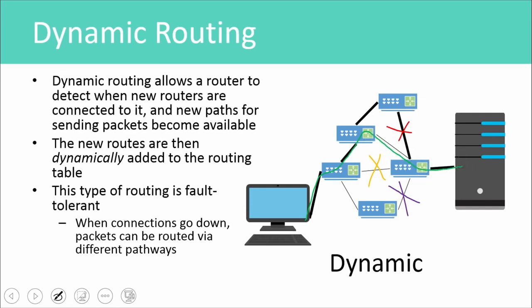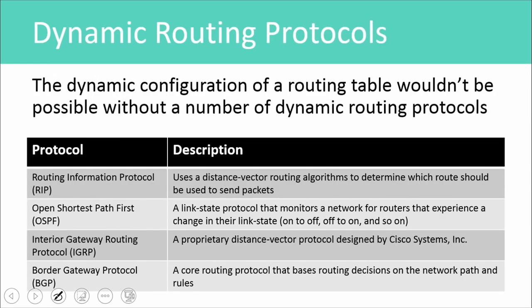So dynamic routing is super helpful, always aware of the best place for us to send our data when we're moving from router to router. It ensures efficiency, fault tolerance, and just effectiveness of the internet as a whole. The dynamic configuration of a routing table isn't possible without protocols.